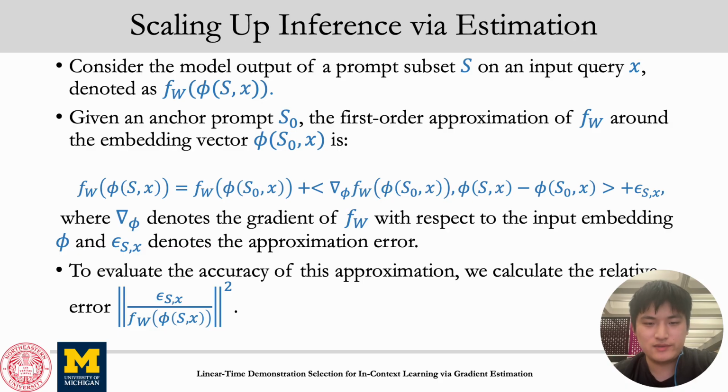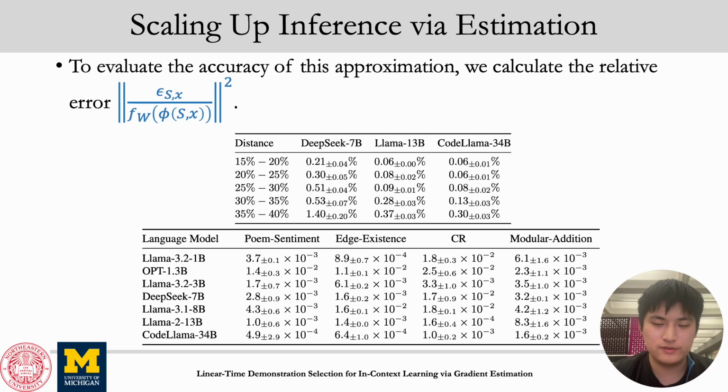To evaluate the accuracy of this approximation, we calculate the relative error. We design input prompts that vary the embedding space distance up to 40%, and test the output estimation relative error on DeepSeek 7B, Llama 13B, and CodeLlama 34B.